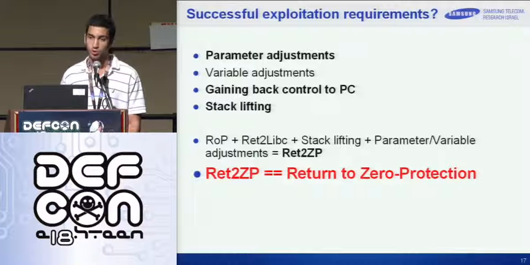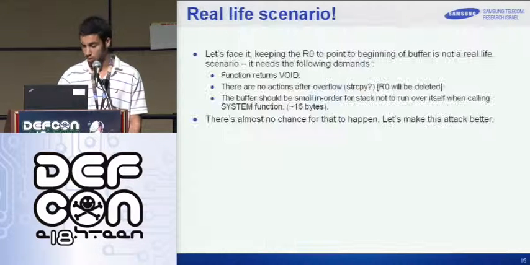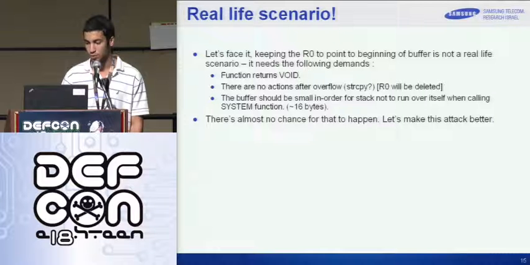And we also might want to do a stack lifting, because like I said, you can't count on the buffer being 16 bytes, or if it's a longer buffer, you're screwed. In 16 bytes, you only get 4 bytes of buffer that you can execute, and that's not enough unless it's a local attack.